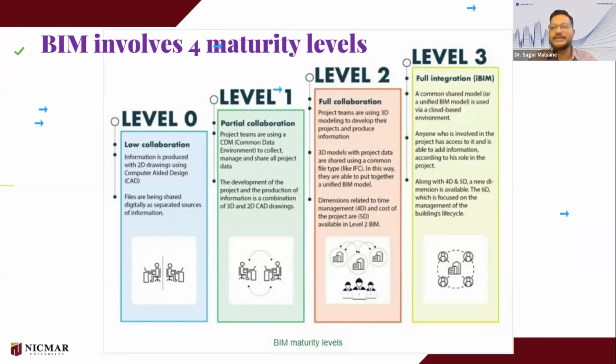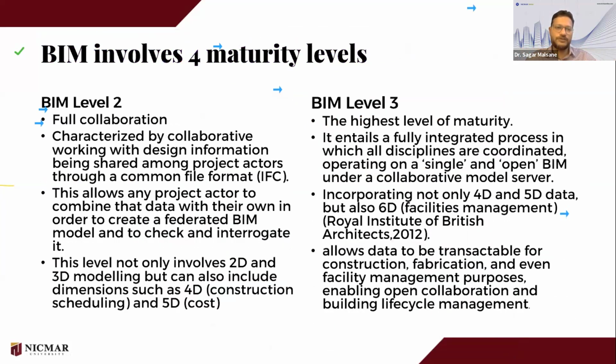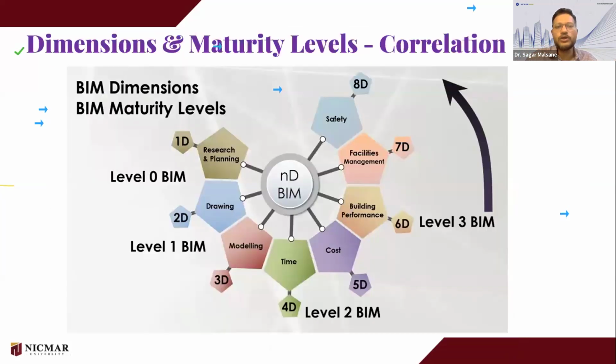They are incorporating sustainability at the collaboration stage, and people are working in a collaborative manner, which helps in general to achieve sustainability. So if somebody wants to achieve sustainability related goals in a BIM project, then they have to reach up to level 3 maturity. I'll quickly show you the correlation between various BIM dimensions and maturity levels.